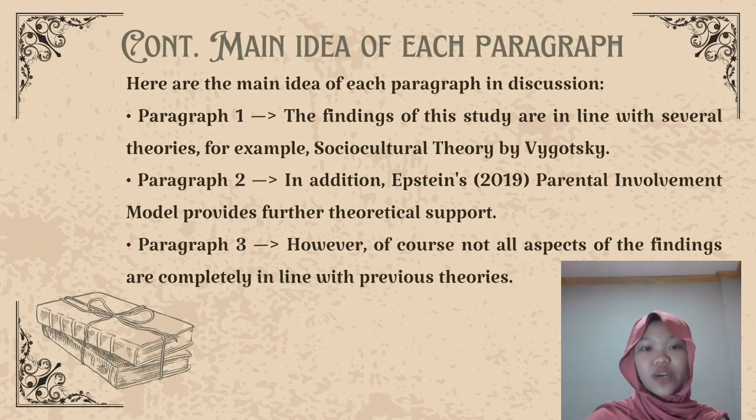In paragraph 2, the main idea is, in addition, Epstein's 2019 parental involvement model provides further theoretical support. In paragraph 3, the main idea is, however, of course not all aspects of the findings are completely in line with previous studies, with previous theories.